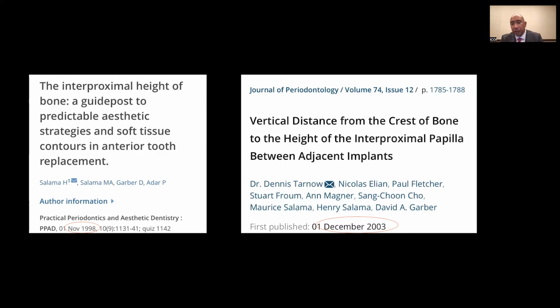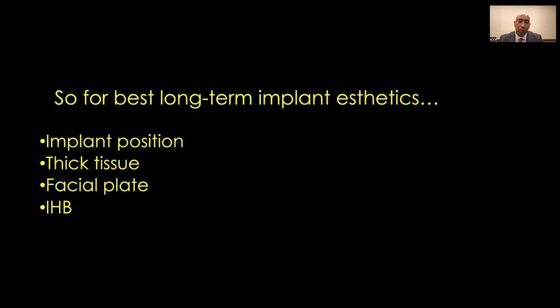Then you go over to Dr. Tarnow's paper about papilla height and the vertical distance of the tissue from the contact point to the crest of the bone. So we know that interproximal height of bone is crucial, especially to papilla, but also in our ability to stabilize that facial tissue.